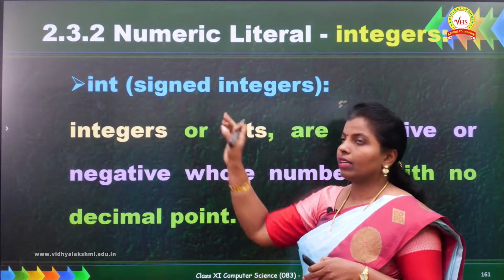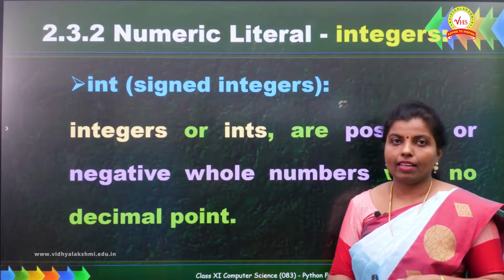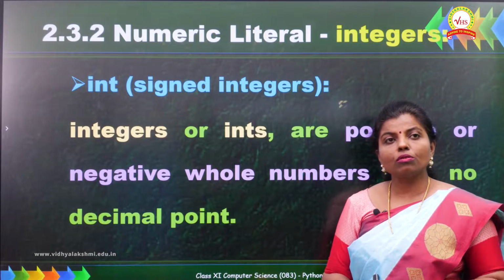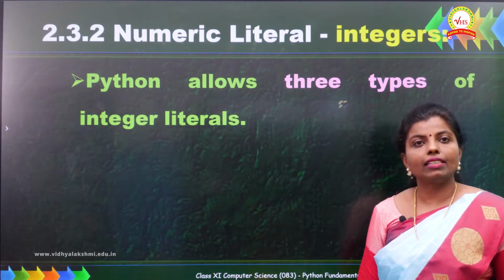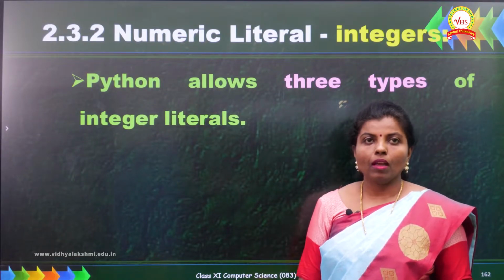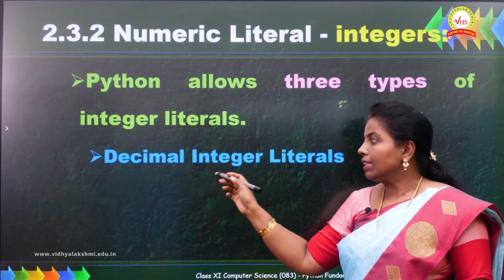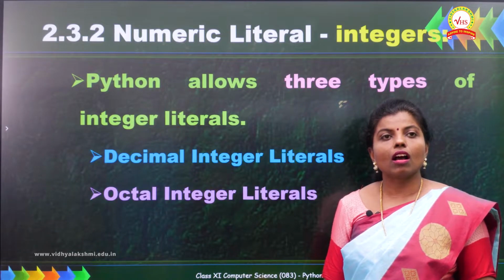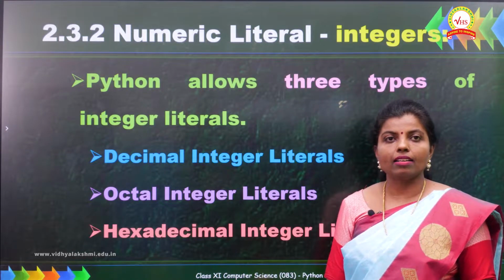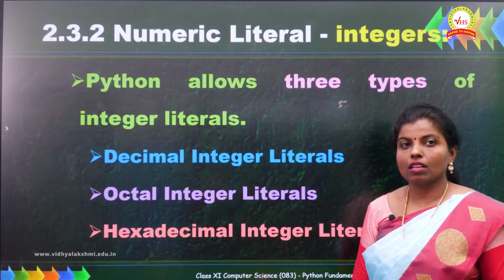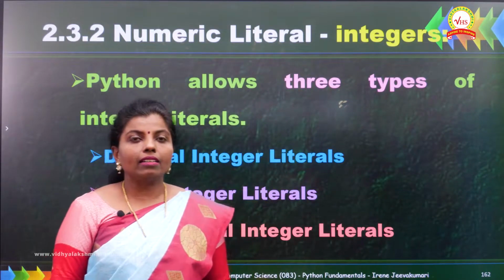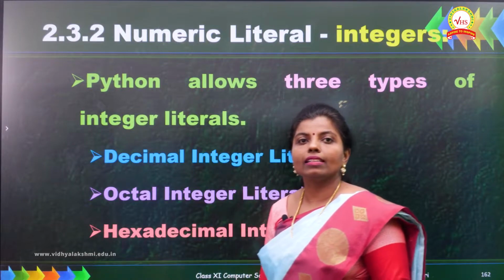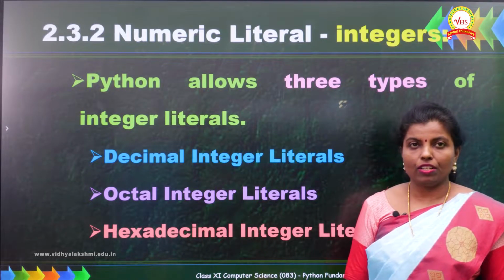That's why here it is said as signed integers. Python allows three types of integer literals: decimal integer literals, octal integer literals and hexadecimal integer literals.